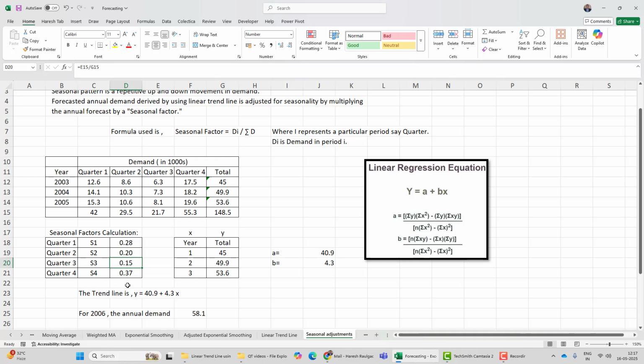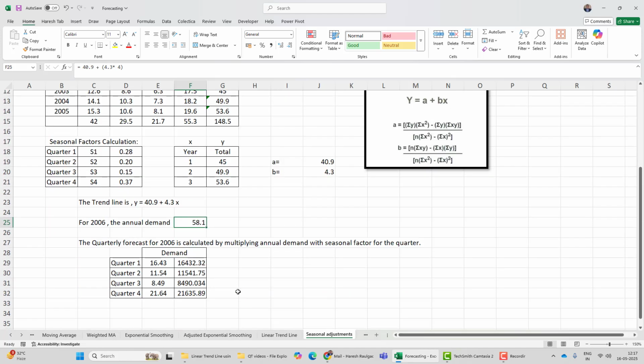Now you use these seasonal factors together with the annual total. Simply multiply each seasonal factor with the grand total, for example this one multiplied by 58.1. You can also write this and use F4, and you will get the same answer.